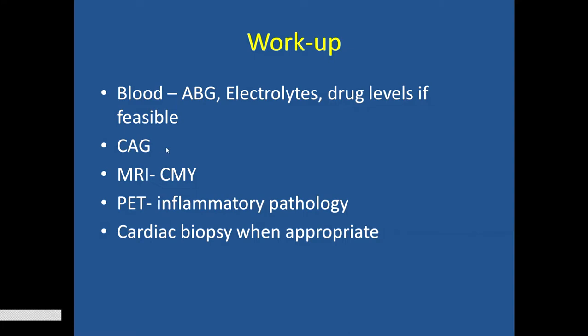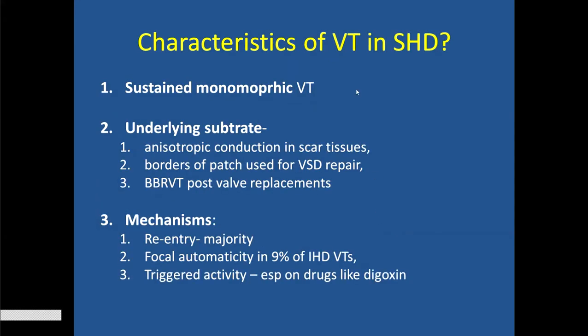An angiogram, if indicated, is always to be done to rule out coronary artery disease as the underlying cause for many of these broad complex tachycardias, and MRI, PET for inflammatory pathology, and cardiac biopsy when appropriate. I'll again touch upon this later.